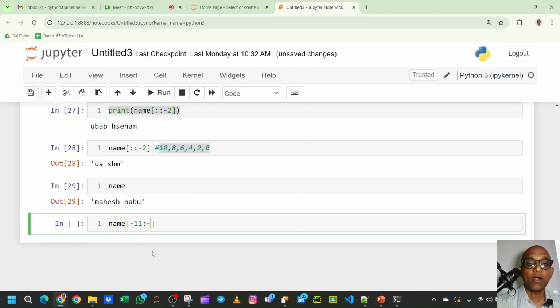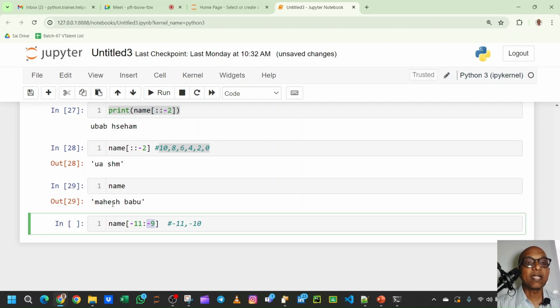If I just write -9, what does it mean? It is going to get the characters starting from -11, -10, and is -9 included or excluded? Excluded. Whatever ending index number I mention is excluded. If I don't mention the ending index number, it goes to the last index, which is always included.